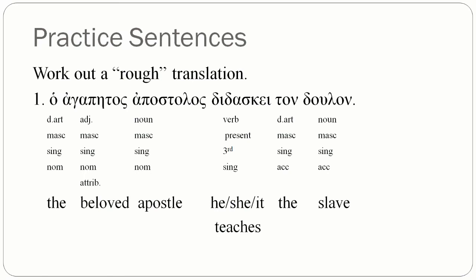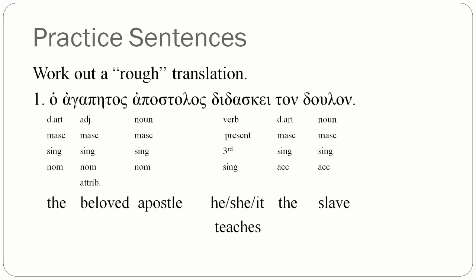It is attributive, so that's how we're going to translate it. Use that now as the subject of your verb didaskei. So now we can just eliminate he, she, or it, because we have a subject, the beloved apostle. And so the final translation then is the beloved apostle teaches the slave.